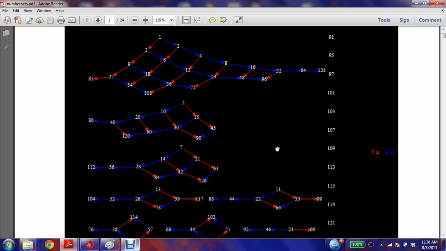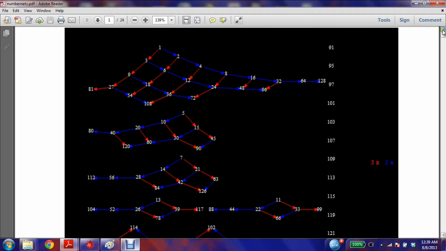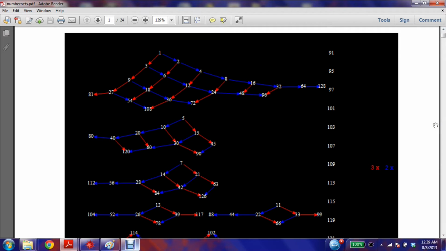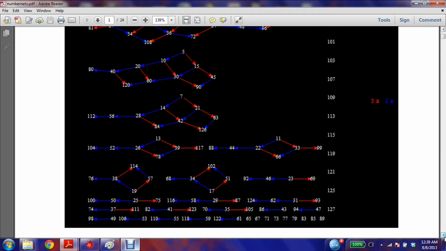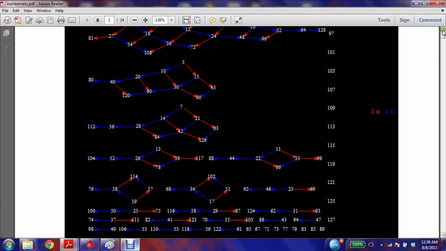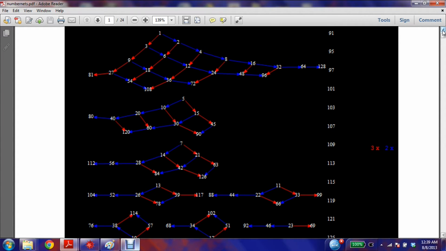And so you can see that just by having these two operations, we already get a kind of interesting network structure. So here we have all of the numbers less than 128, I think, and we can see that we've really got a fairly interesting kind of space being created already.